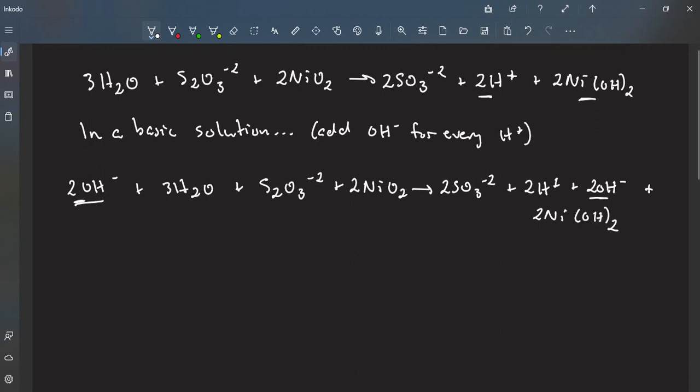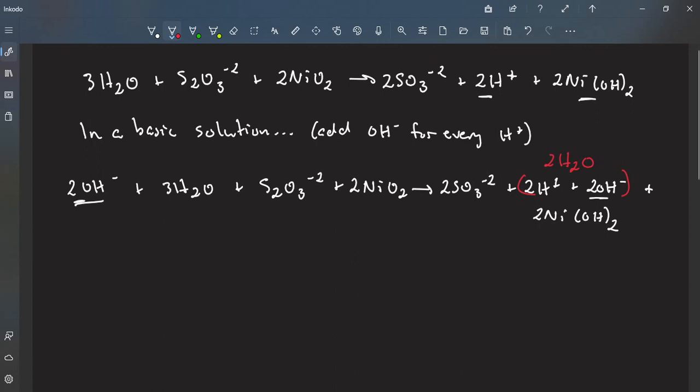Okay. Now, because I've added the 2 hydroxides together with the 2 hydrogen ions, these are going to make 2 water molecules. Now, I don't want to write the whole thing out again, neither do you, but you recognize that the 2 hydrogens plus the 2 OHs will make 2 water molecules.